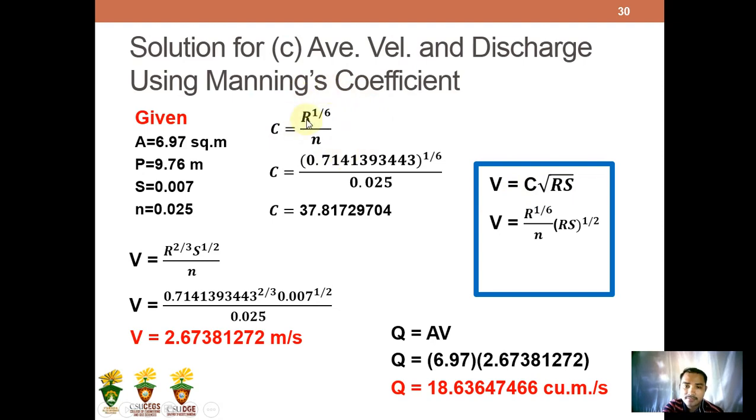So C is R raised to 1 over 6 over N. Then we have RS, and the square root is the same as raised to the 1/2. So times RS raised to the power of 1/2, we can have this formula, which is V is equals to R 2/3. They are added, right? When added, then S is 1/2 all over N.